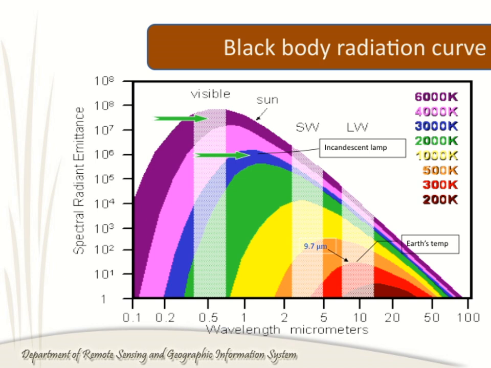Earth, being much cooler than a lamp filament, emits mostly infrared radiation at around 9.7 micrometers. Understanding these curves helps us grasp how thermal radiation depends on temperature, which is a core idea in the study of black-body radiation and thermal emission. This understanding is fundamental to our overall theme of how objects radiate energy based on their temperature.